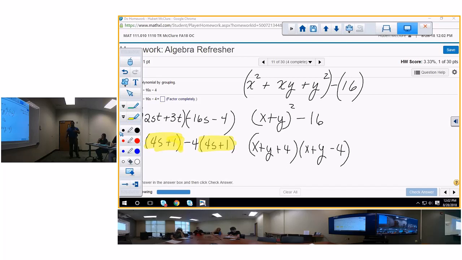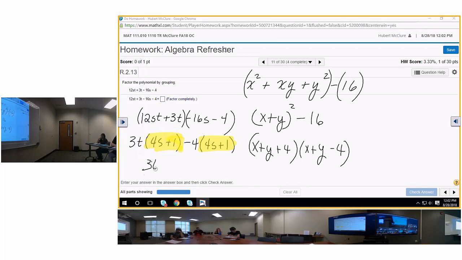So if you set up one of these 2 by 2s and you don't get the same secondary term, chances are you've screwed up. Your final answer is (3T minus 4)(4S plus 1).